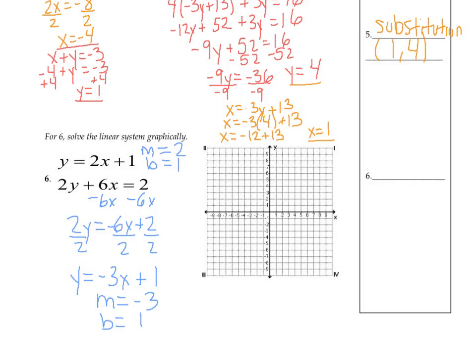So now that we did that, we can graph our two lines. So graphing the line y equals 2x plus 1, we know our b is 1, so we'll start at 1 on the y-axis, and our m is 2. So that tells us to go up 2 and to the right 1. So we can do that a few times.